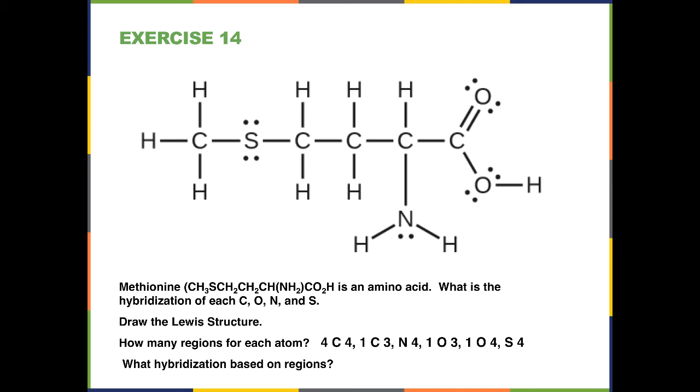And that's what's shown here. 4 of the carbons are sp3 hybrids. 1 carbon is sp2. The nitrogen is sp3. The oxygen that is double bonded is sp2. The oxygen that has a single bond is sp3. And the sulfur is sp3.